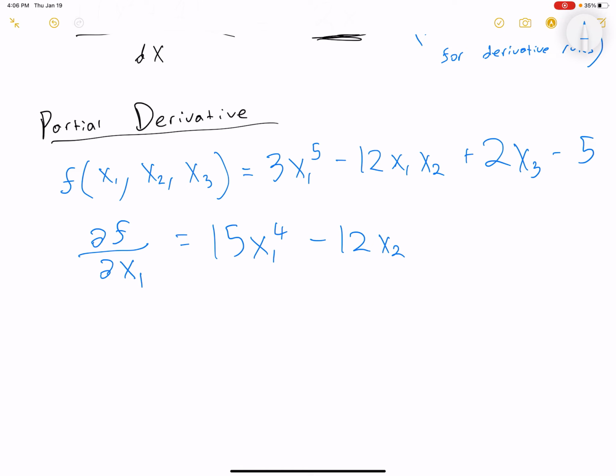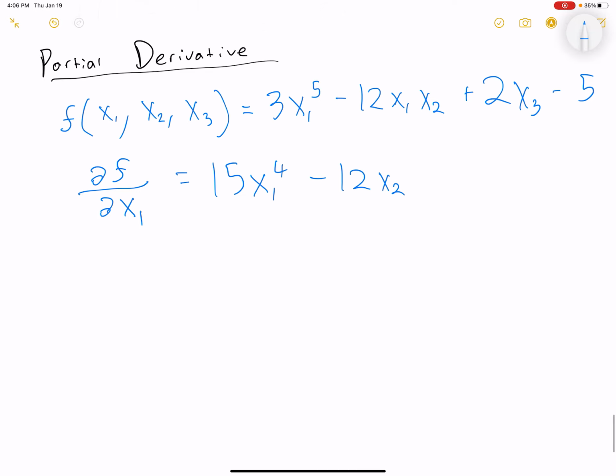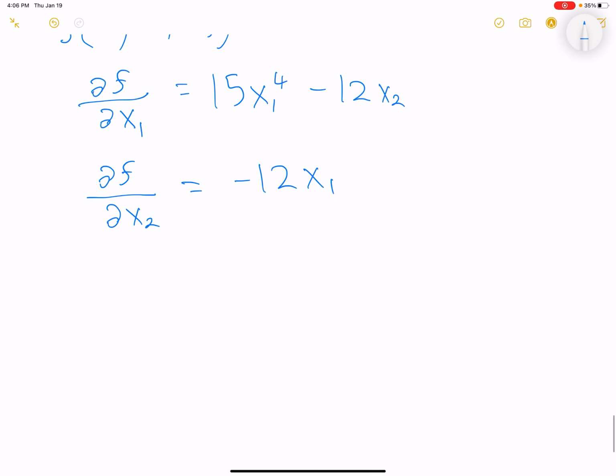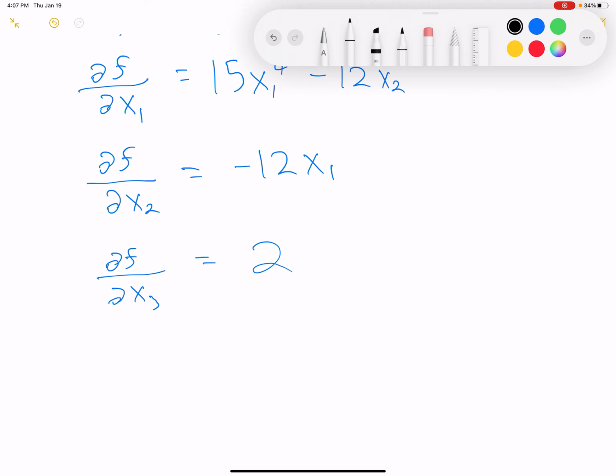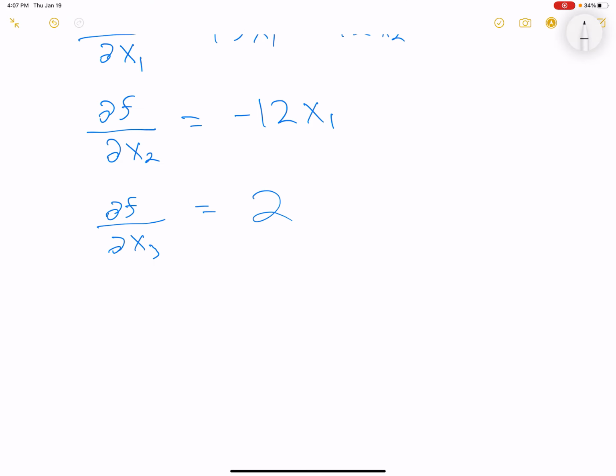So that's how we get that. We could do the same thing for the partial derivative of our function with respect to x2, which in this case would be negative 12 x1. Exactly how we calculate this doesn't matter. Again, see calculus class. Partial derivative of f with respect to x3 is just 2.